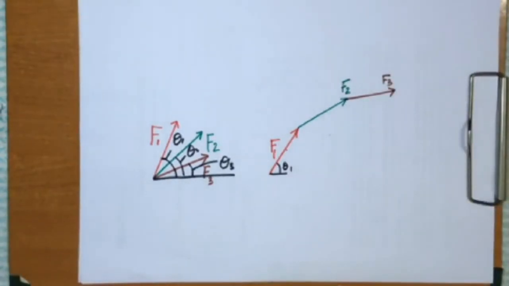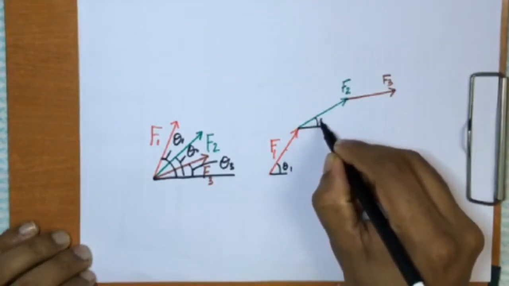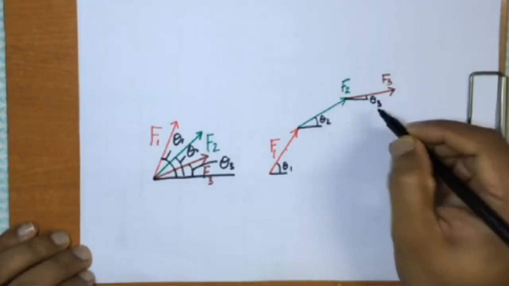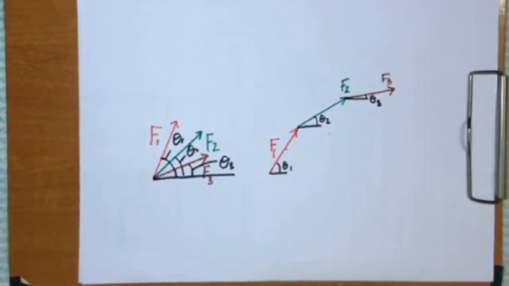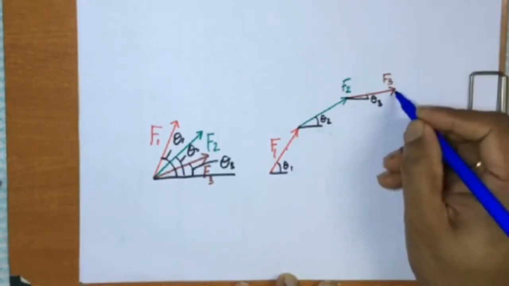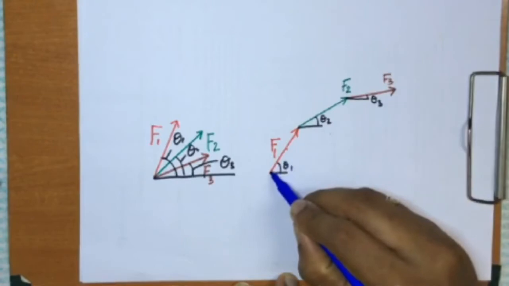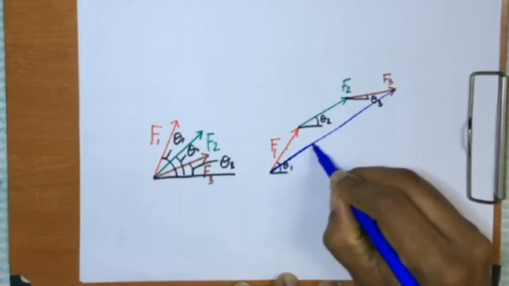The angle at which this force is acting is theta 2 and this force is acting is theta 3, which corresponds to these angles. If I want to find the resultant of these vectors, I have to join from the tail of the F1 force to the head of the F3 force. So it would come like this.